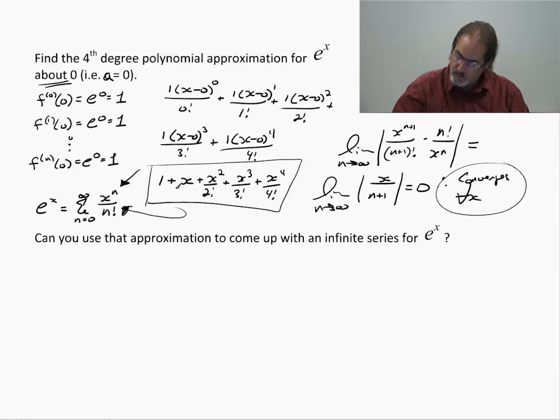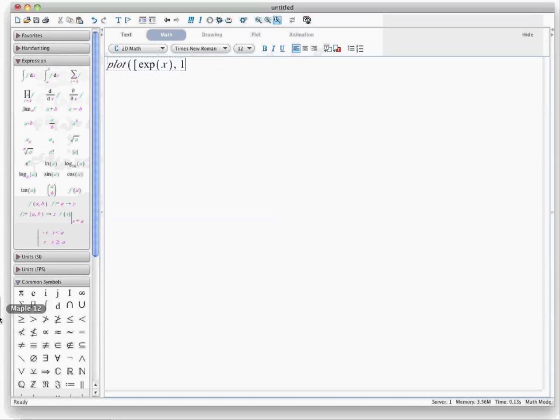My fourth degree polynomial right there: 1 plus x plus x squared over 2 factorial plus x cubed over 3 factorial plus x to the 4th over 4 factorial.